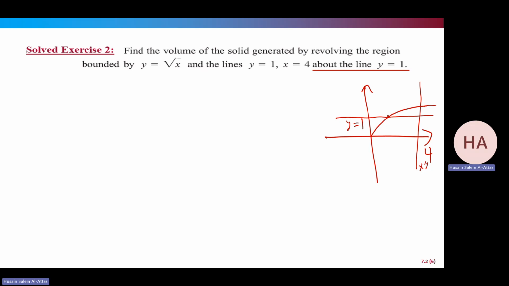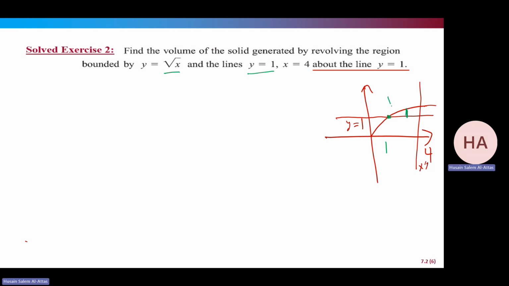So where is the region? We're talking about this region. What is this point? Y equal 1, so very clear x equal 1. Now we need to draw the line. Let me draw the line, which is this one.